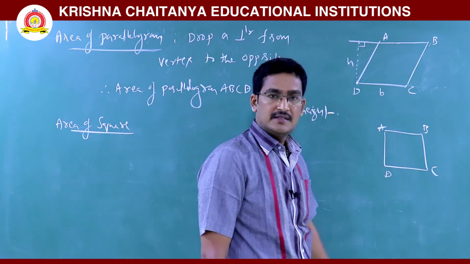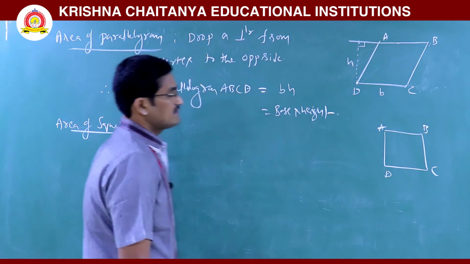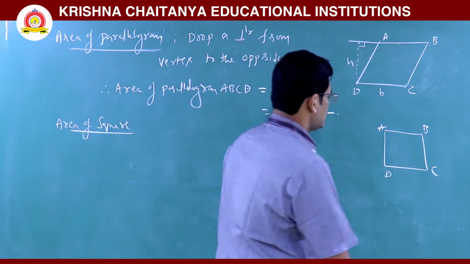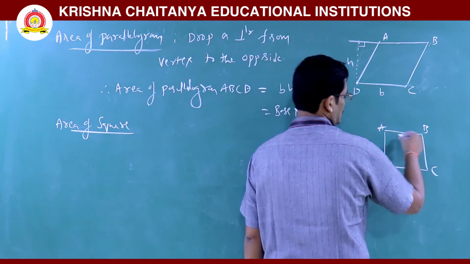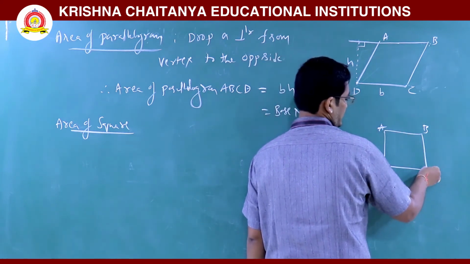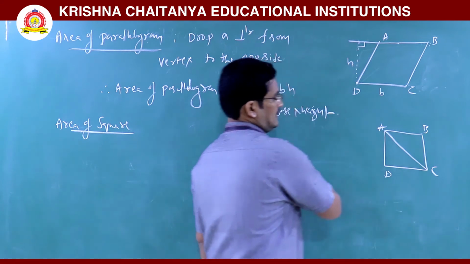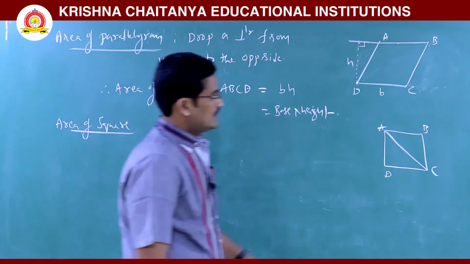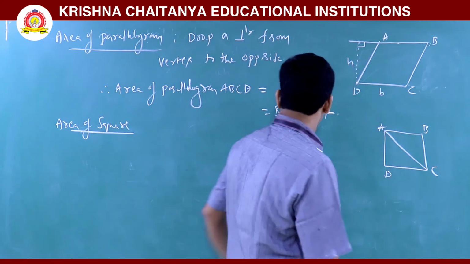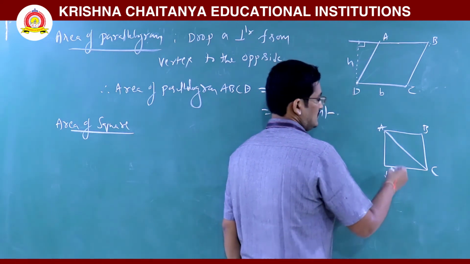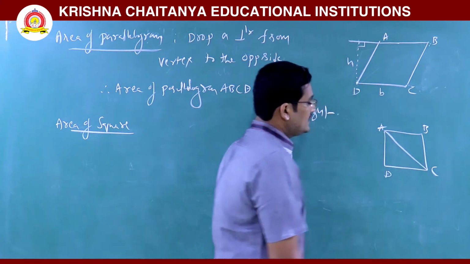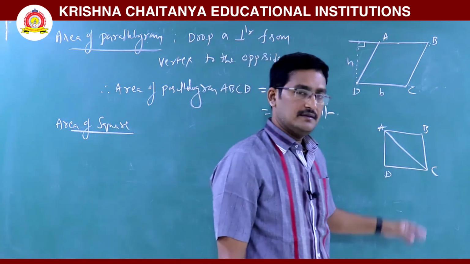To get the area of the square, we just connect the opposite vertices A and C like this. First you have to join A and C. Then two triangles are there.